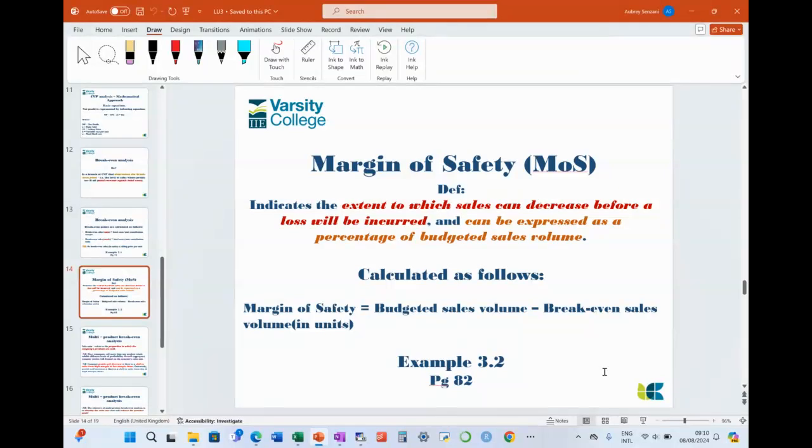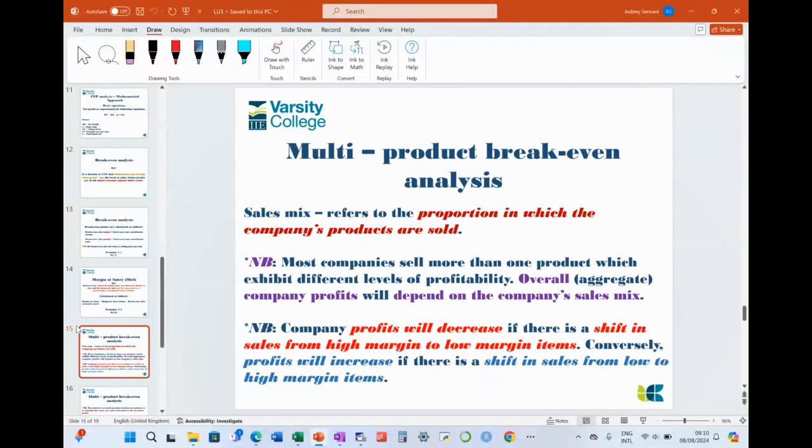So it just lets us know how safe are we? How much can our sales drop before we're going to start realizing a loss? So again, margin of safety is budgeted sales volume minus your break-even sales volume. Alrighty, almost done.